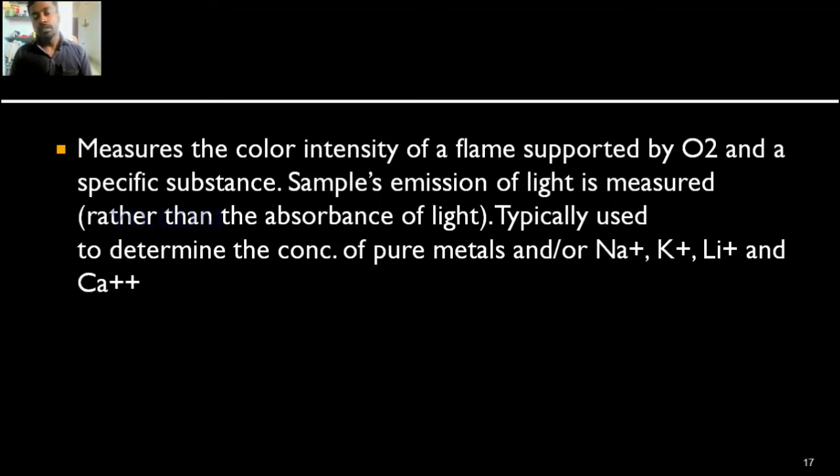So the flame photometer is also called a sodium potassium measurement meter. What are the principles used here? In the previous colorimeter the absorption of light is measured; here the emission of light is measured.